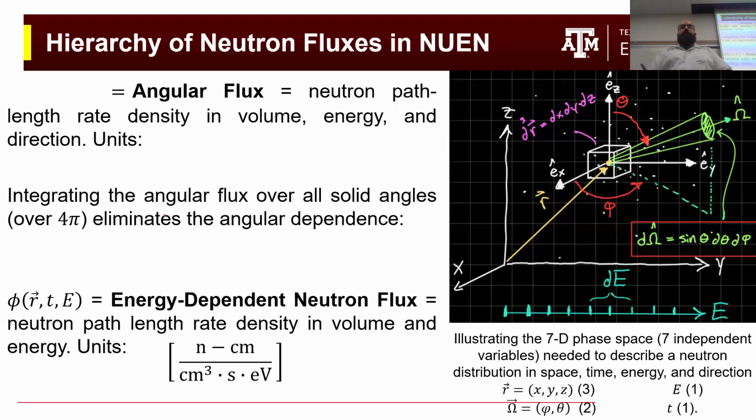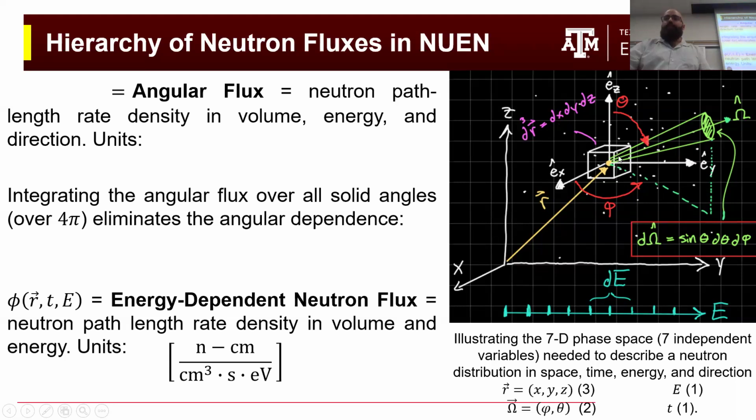This picture right here is the most complicated way that we could think about what the neutrons in our system are doing. We've got traditional XYZ coordinate axes, and then all these little white dots are the neutron field at some position r in this coordinate system. At that position r, we're drawing this little control volume, d3r or dV, which has a little dx, a little dy, and a little dz.